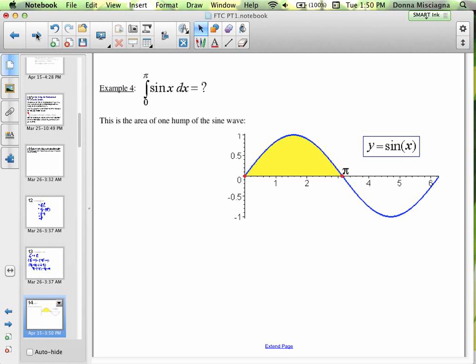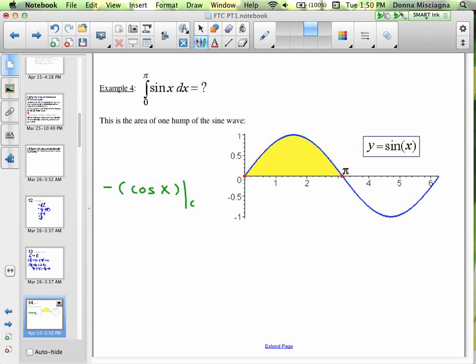All right, and here we have another one. I think we did this one on a previous lesson, but it's got a nice picture, so I'll do it one more time. So whose derivative is sine x? That would be negative cosine x, and use parentheses so you don't forget to distribute when you substitute.